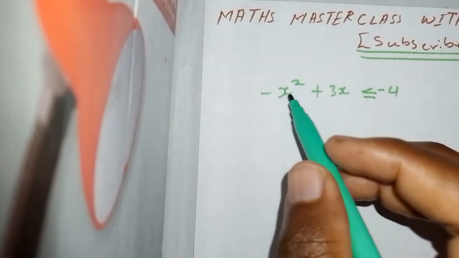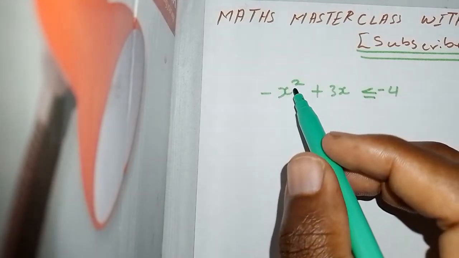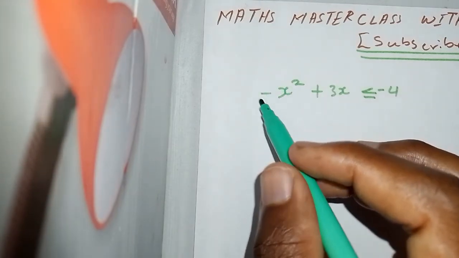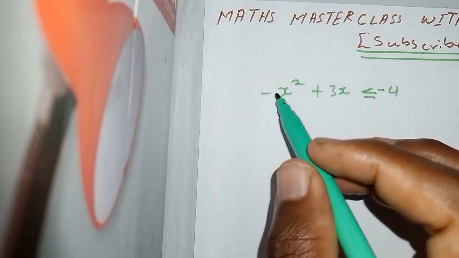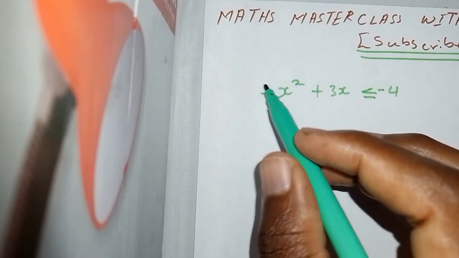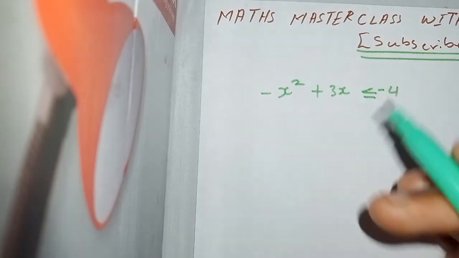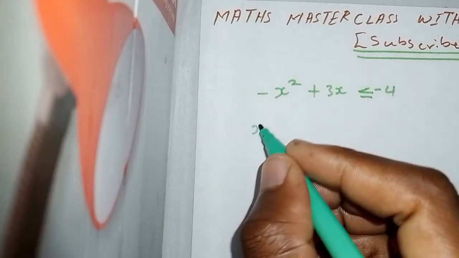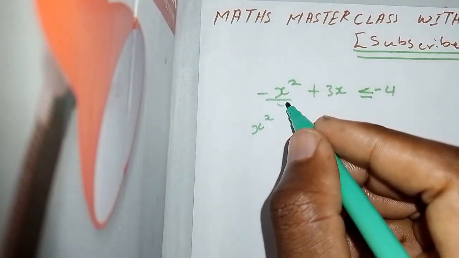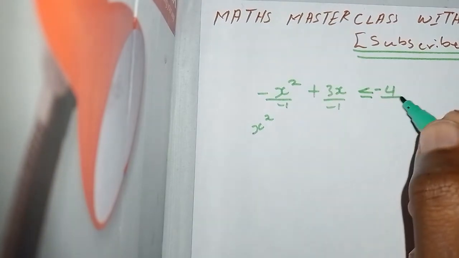I'm just gonna say, okay, I can just remove this so that I have a positive value of a, and then I'm gonna say x squared, divided by -1, divided by -1, divided by -1.